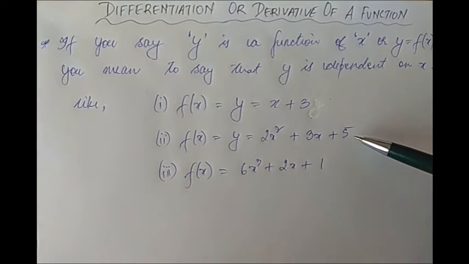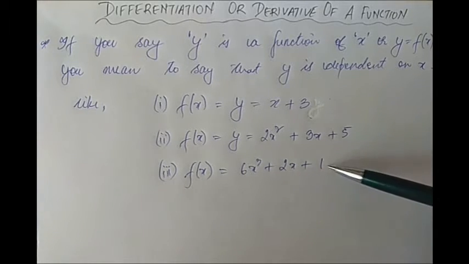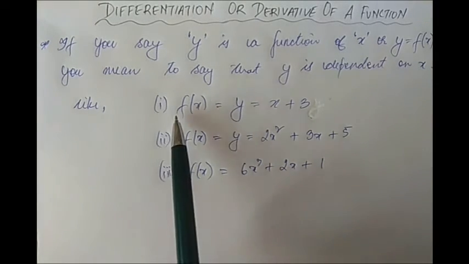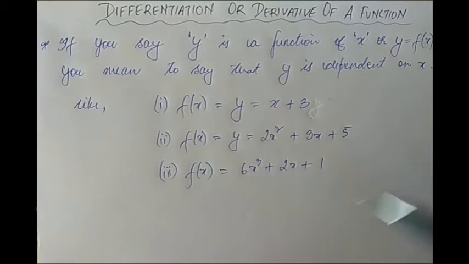This equation is the equation for a parabola. This equation, where x is raised to the power 3, is the equation for some kind of a complex curve. The higher the power of x, the more complex the curve will be. So remember, y is a function of x simply means that y is dependent on x. Now, it could be many different ways in which y could be dependent on x.